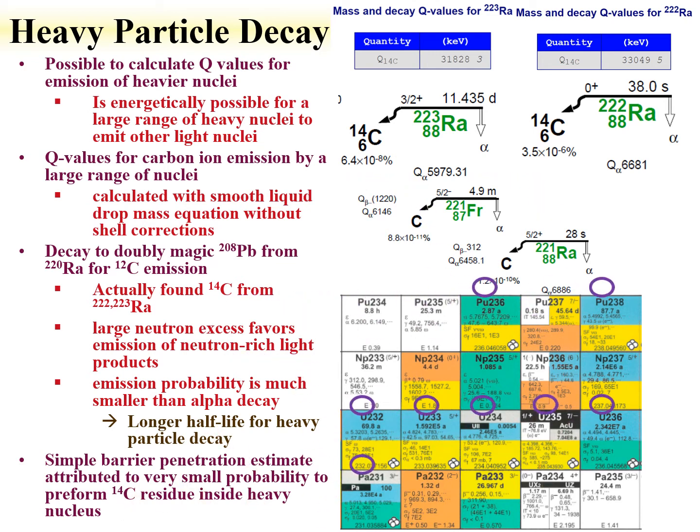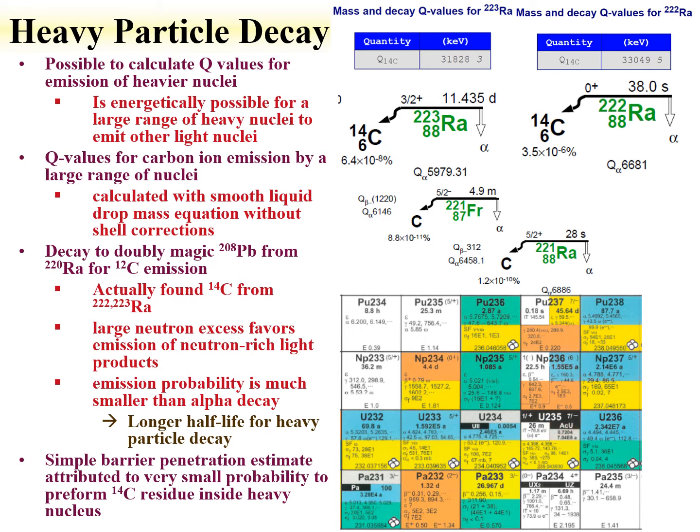One can find other isotopes that undergo heavy particle decay through examination of the chart of the nuclides. The symbol shown here is a cluster decay, which indicates particles larger than alpha decay are involved in the emission. And here are examples for some isotopes of protactinium, uranium, and plutonium that undergo heavy particle decay.